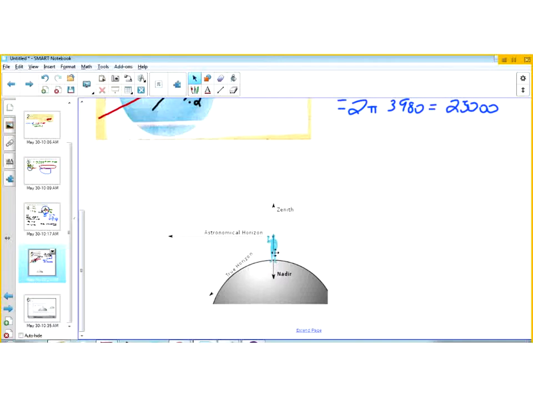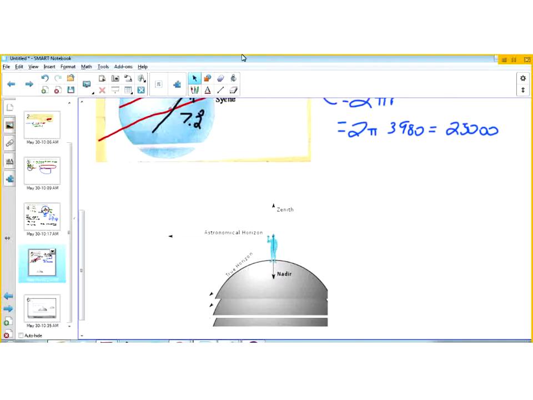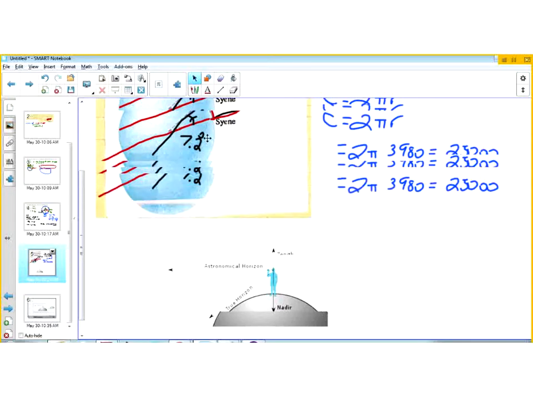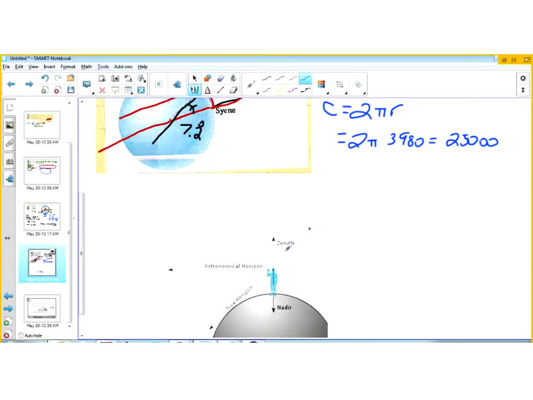Here's the guy standing on the surface of the Earth, and you've got the rays of the sun coming at him in this direction. If a ray of the sun hits the guy, then it casts a shadow, and it's dark in this piece. So right here along this arc length, it'll be dark.